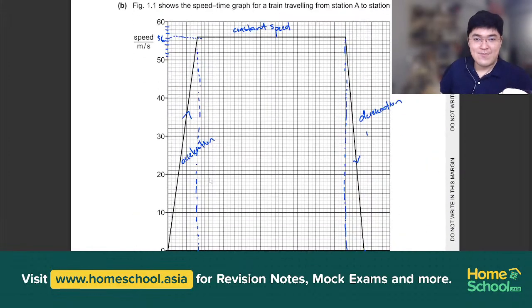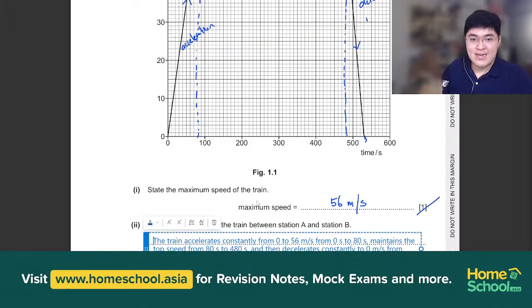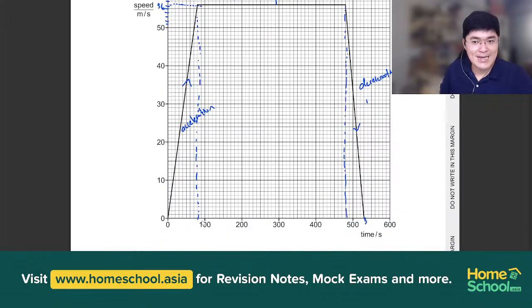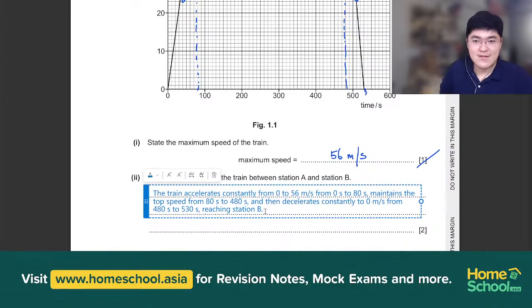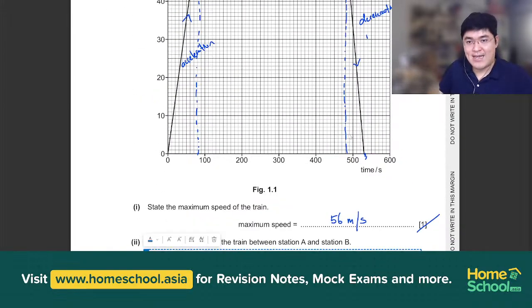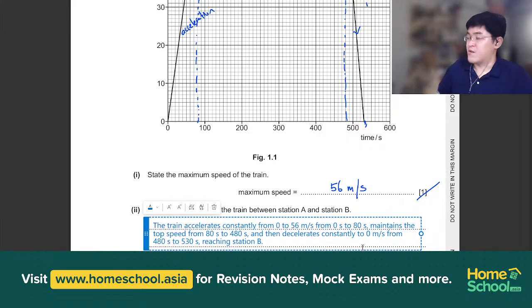From 0 to 80 seconds. So this is 80 seconds right there, over here. And then it maintains this constant speed, this top speed, from 80 seconds all the way to here, which is 480 seconds. And then from 480 seconds to 530 seconds, it decelerates constantly until it reaches station B and comes to a rest.